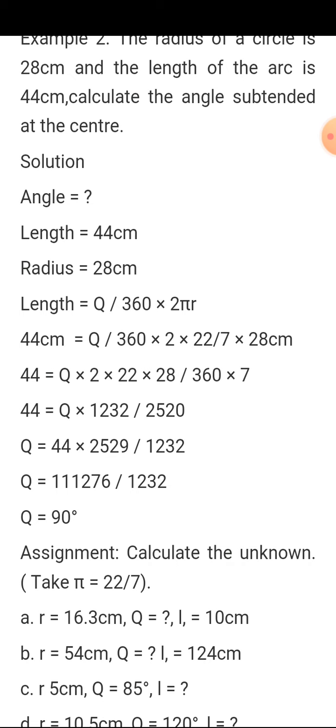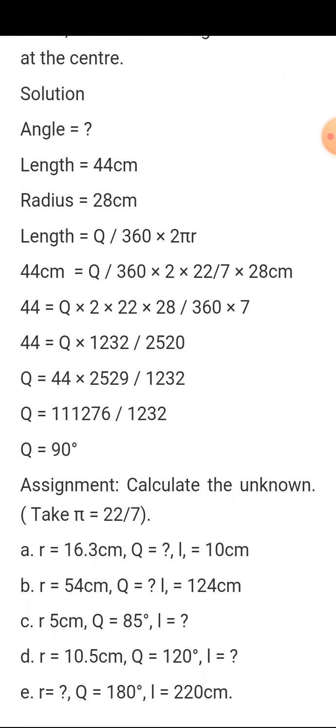Now we know that the formula of length is theta all over 360 multiplied by 2 pi r. Length 44 centimeter equals theta all over 360 multiplied by 2 multiplied by 22 divided by 7 multiplied by 28.